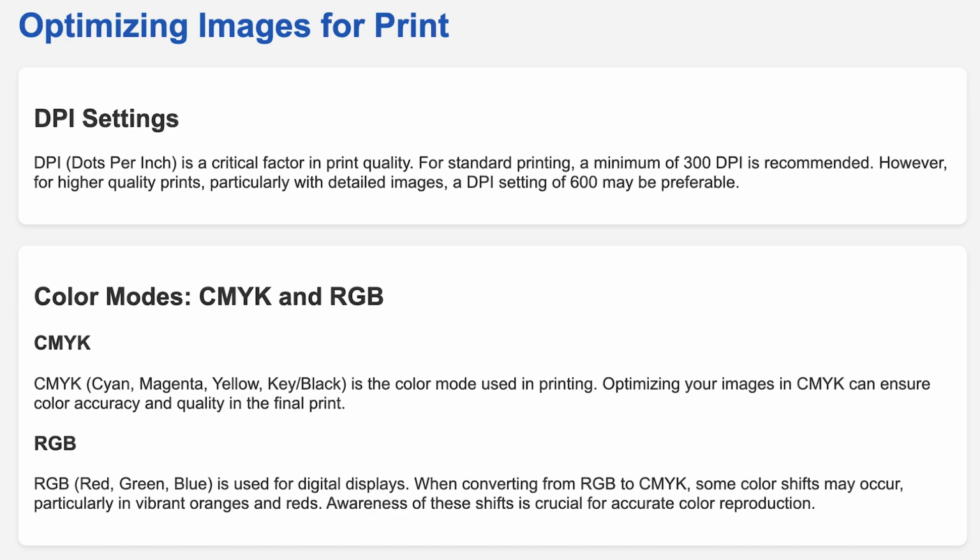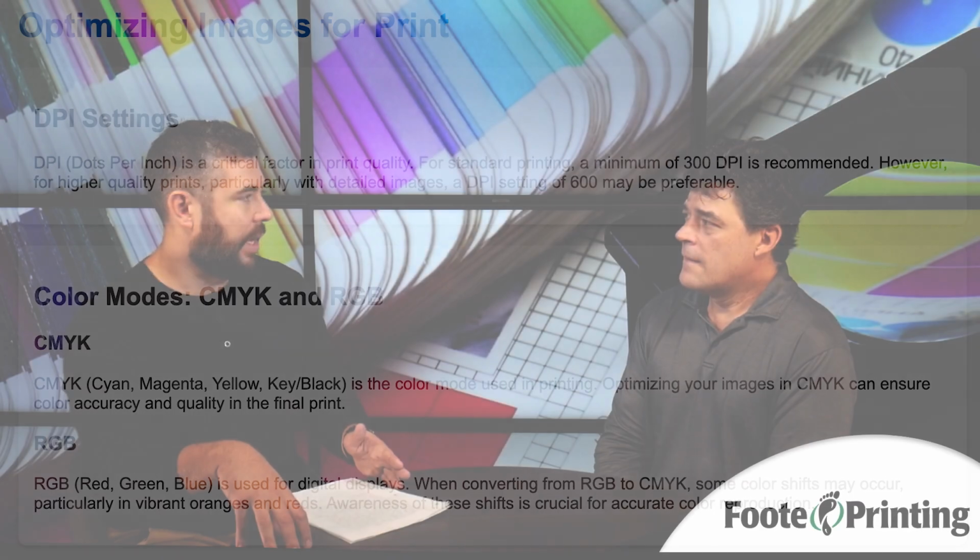But then I'm seeing it on a computer screen. So I know the difference of what it's going to look like prior to having to waste paper and print it, or printing a whole big magazine and being like, oh, that picture just doesn't look as great as it was. So that's a big thing: make sure that you already make it CMYK and look at it.